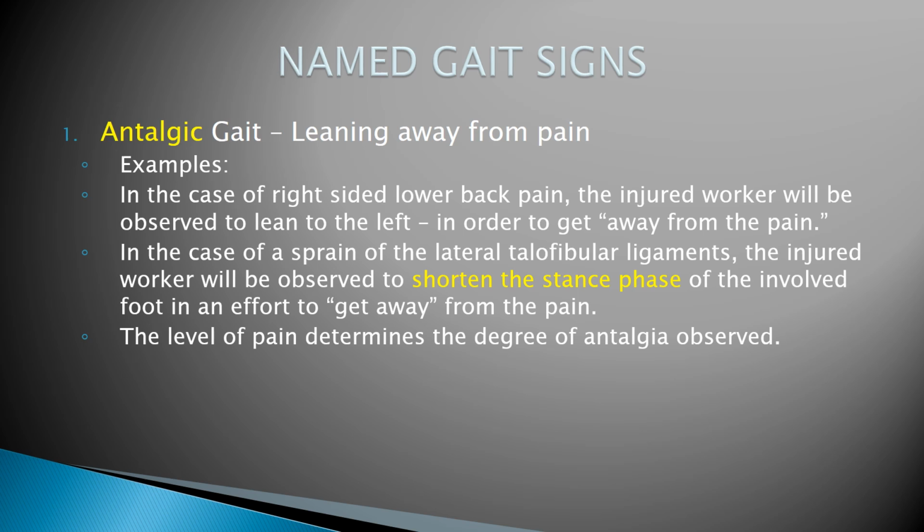Well, this is an example of an antalgic gait. And the interesting thing about antalgic gait is that the level of the pain determines the degree of the antalgia, or the shortening of the stance phase that you will observe. And I have a video of antalgic gait coming for you shortly.